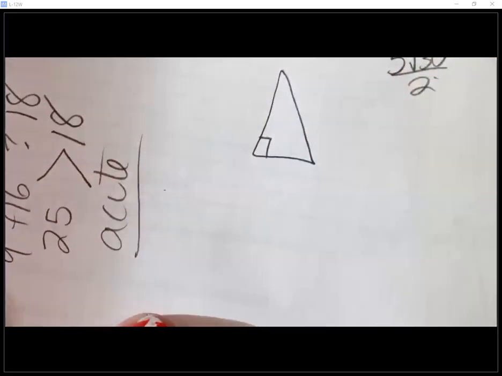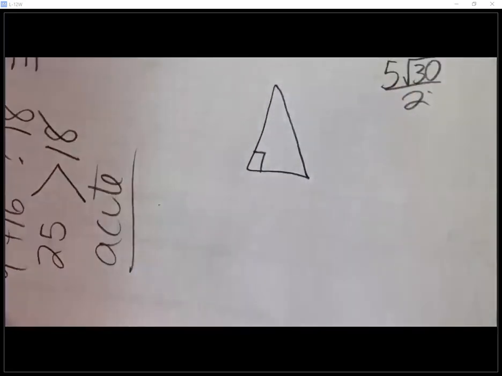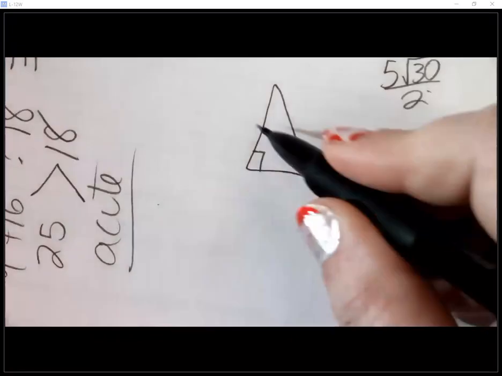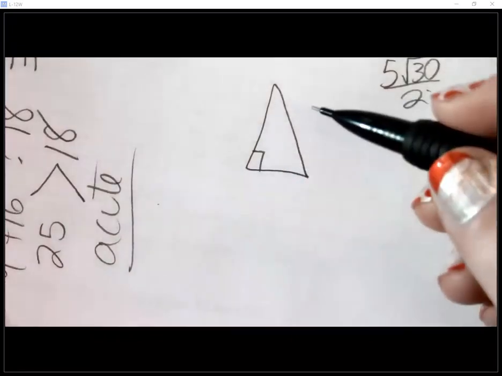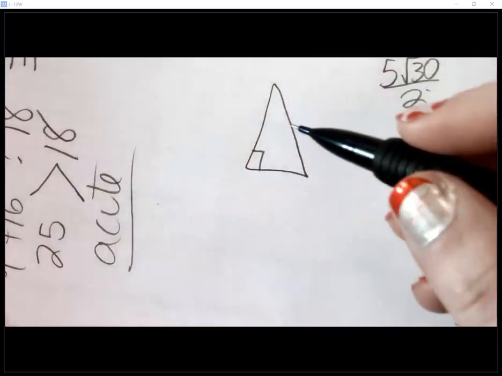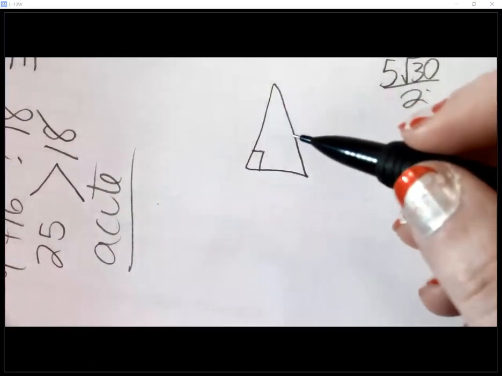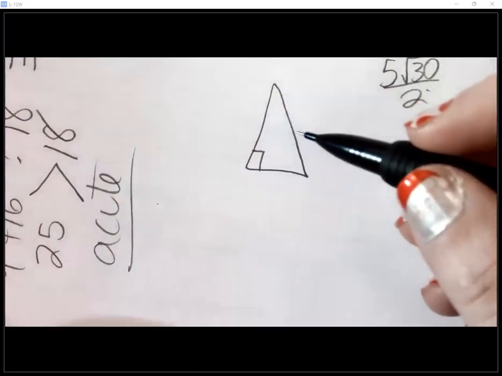It could just be some random old triangle. So I need something to indicate if it's a 45, 45, 90 or a 30, 60, 90. For 45s, I can just mark them as isosceles. But for the 30, 60, 90, I'd have to let you know somehow that one of the other angles is either a 30 or a 60. Okay, questions?